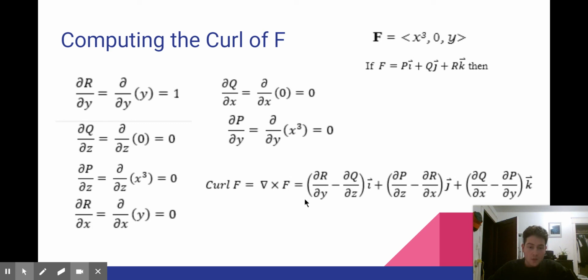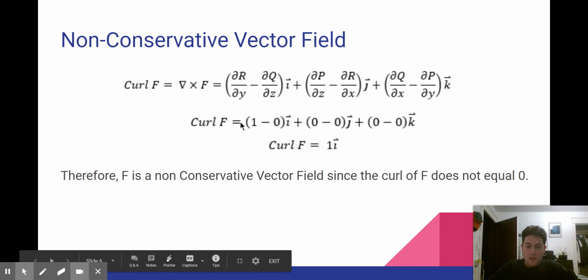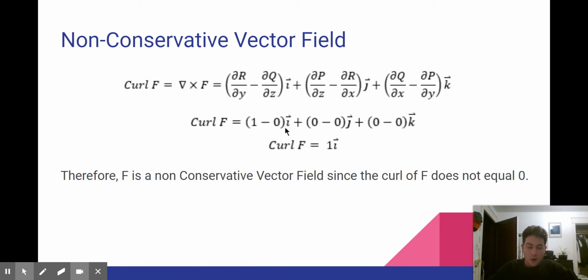When we plug that into this equation, we see that it's 1 minus 0 in i, 0 minus 0 in j, and 0 minus 0 in k, which leaves us with the curl of F not equal to 0. By our definition from before, the curl of F has to be 0 for conservative vector fields. Therefore, F is not conservative.